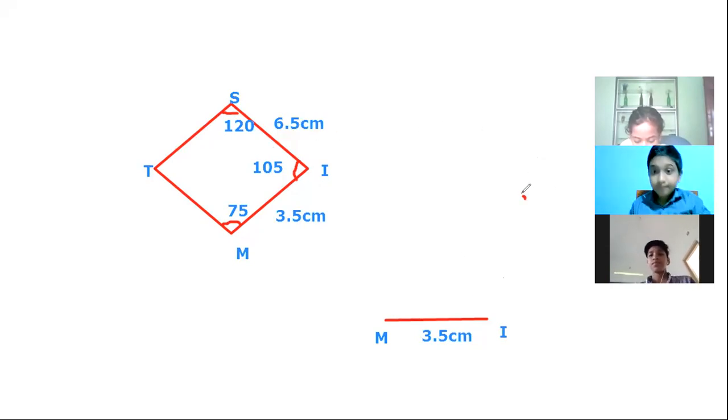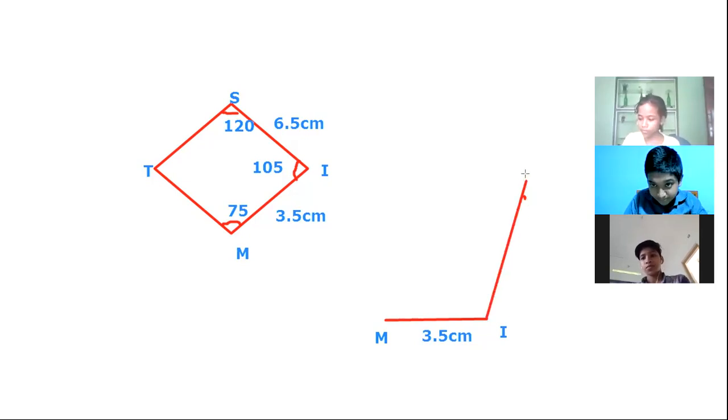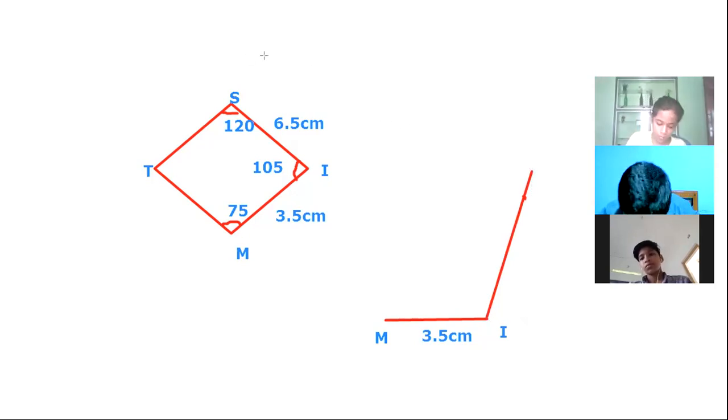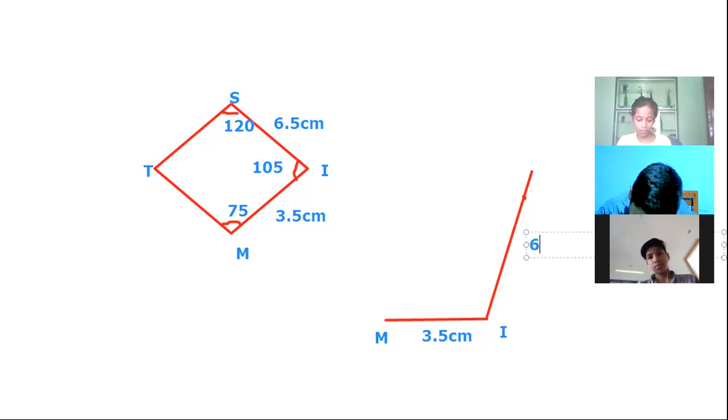Along this point, you have to draw a line of length 6.5 centimeter, passing through the marked point without changing the angle. You just have to draw a line starting from I, passing through our marked point. What should be our length? The length should be 6.5 centimeter.